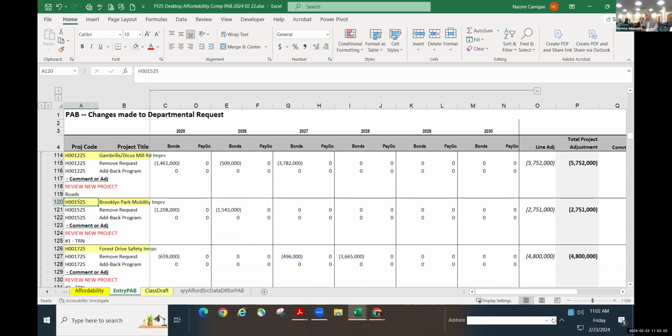I feel like we should add in Brooklyn Park. I think it's located in an equity high need area. Exactly. The primary benefit of this would be the reductions in the number and severity of crashes, including reductions in fatalities and serious injuries. So I would support adding this back in. Okay.